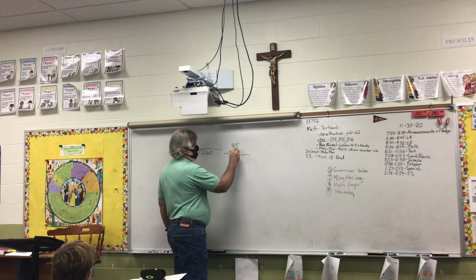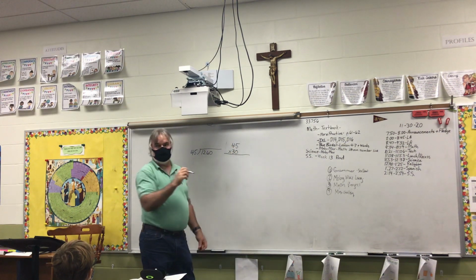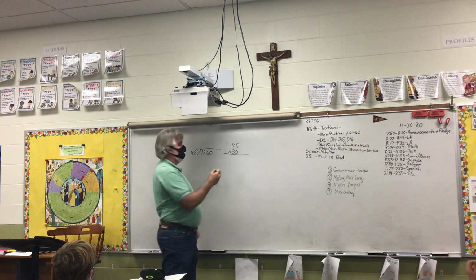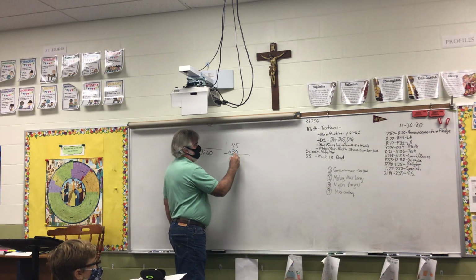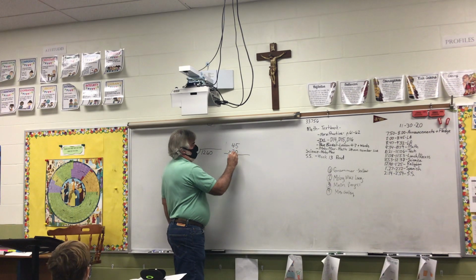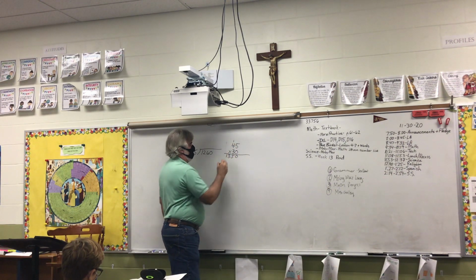Well, I know that these are going to be zeros, the first row. So the second row of the partial products is going to be the real answer. So I got my placeholder. 3 times 5 is 15. Carry the 1, 12, 13, 1350.